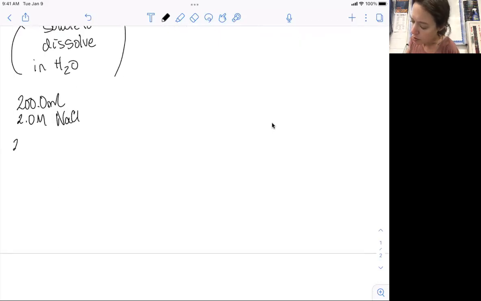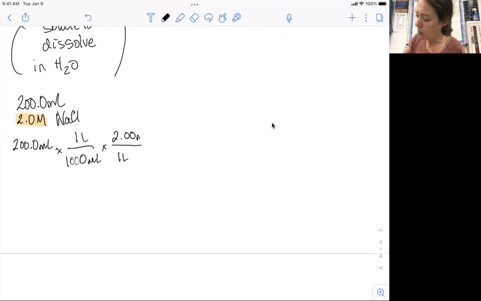I'll take my 200 milliliters and convert those milliliters to liters. Then my solution concentration, according to my molarity, states that for every 1 liter, I need 2.00 moles of solute. Well, I don't measure moles, I measure grams. So I will say that every 1 mole is 58.44 grams, because my solute is NaCl and that is the molar mass of NaCl.